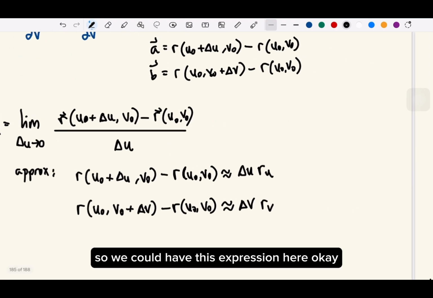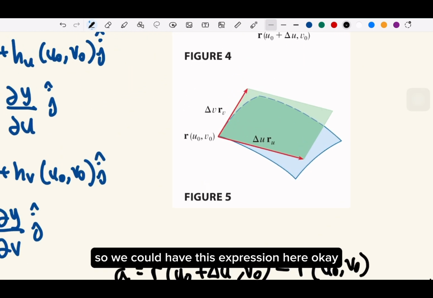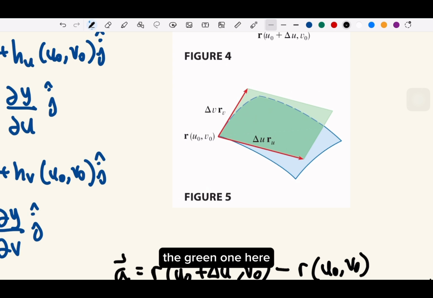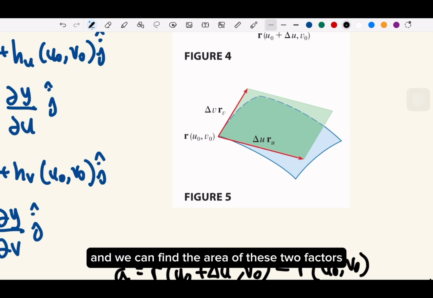So we could have this expression here, which is then creating another plane, the green one here. And we can find the area of these two vectors with the cross product for a parallelogram, if you remember that we can find the area.